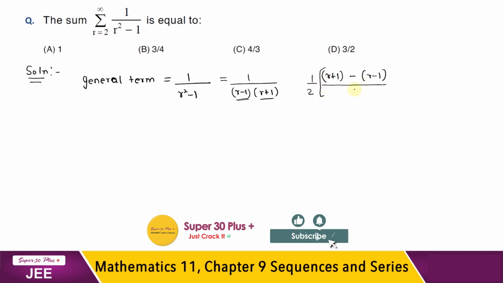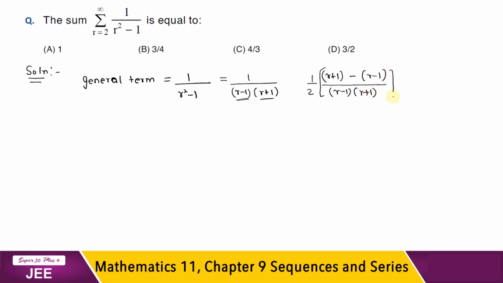And now we have r minus 1 and r plus 1 in the denominator. So one should cleverly be able to write down this general term in this way, such that we can now split it up into the difference of two terms. Now if I split them up, r plus 1 divided by r plus 1 gets cancelled off.